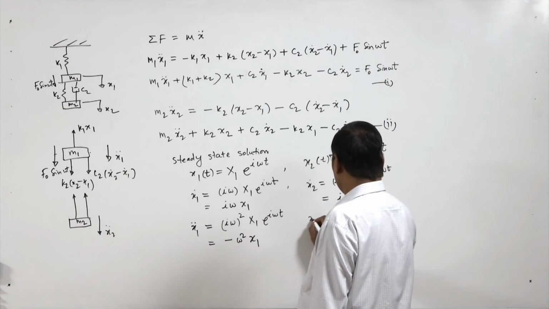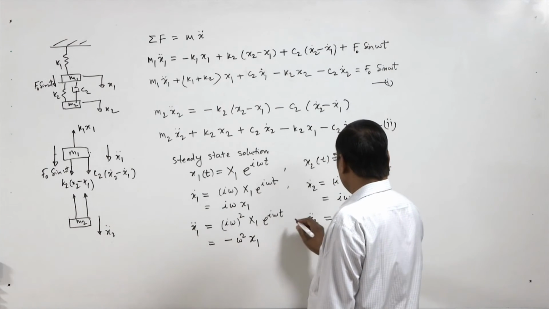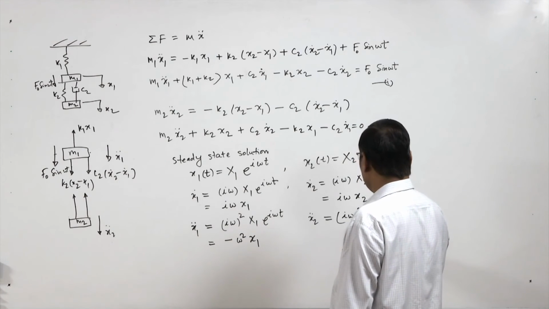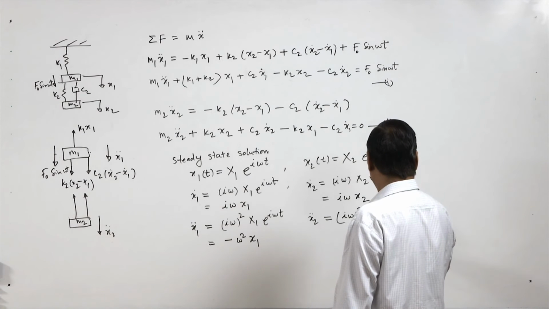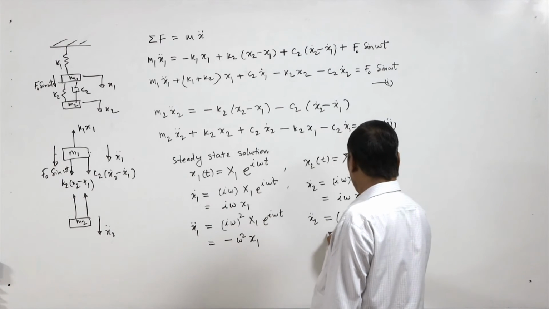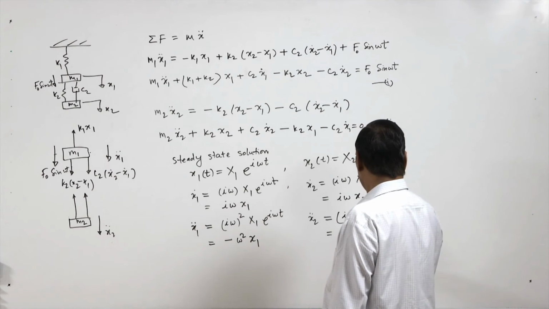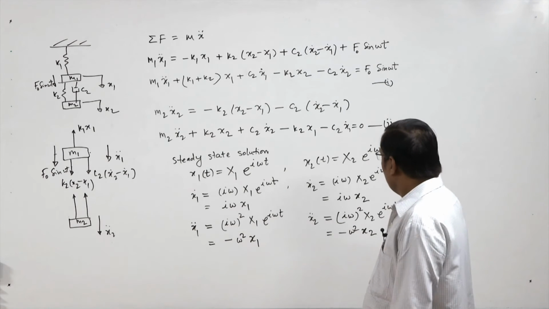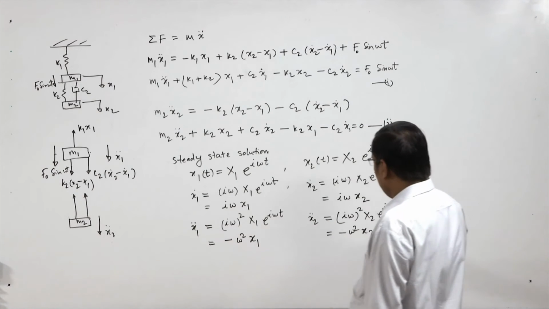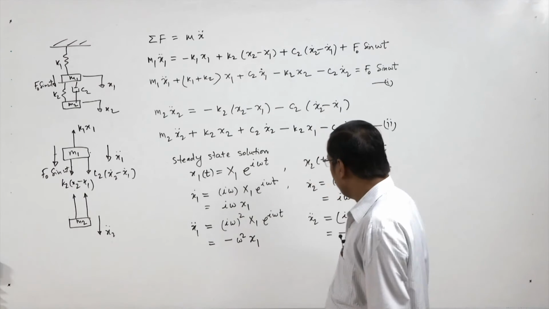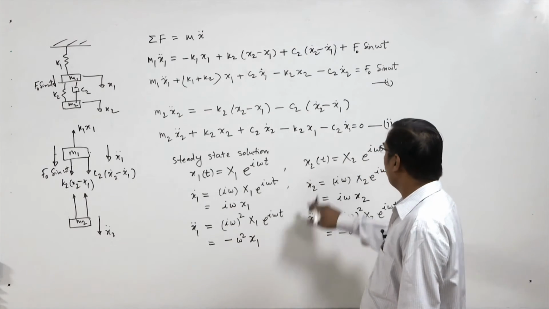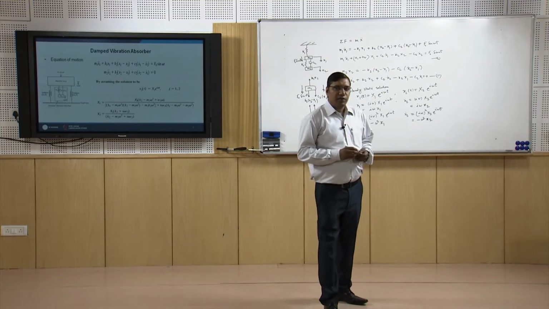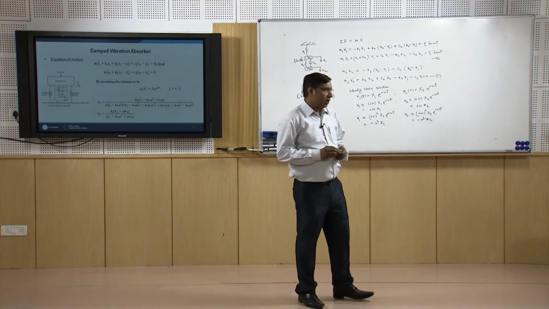And here x2 double dot equals (iω) squared X2 e^(iωt), so that is minus omega squared X2. Now we can put these values of x1, x1 dot, x1 double dot, and x2, x2 dot, and x2 double dot in equations 1 and 2, and we can solve for X1 and X2.